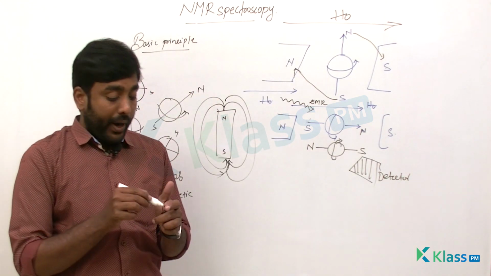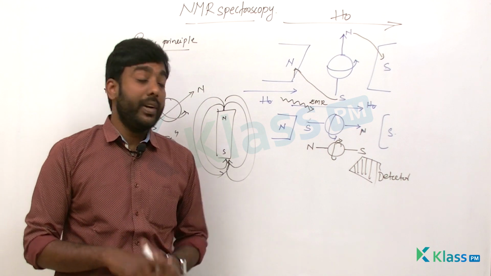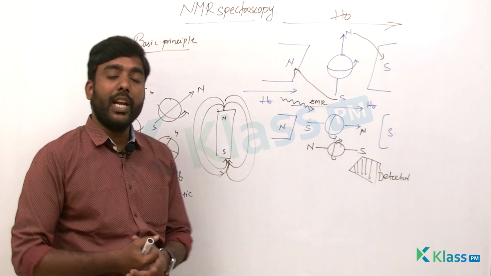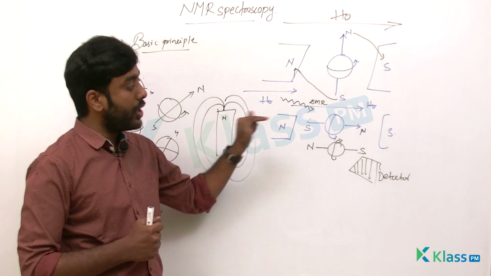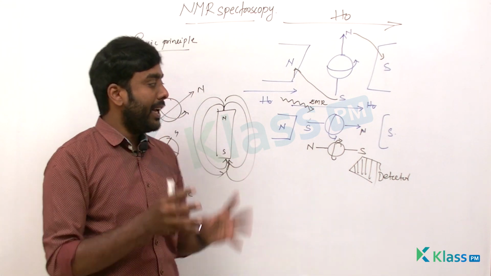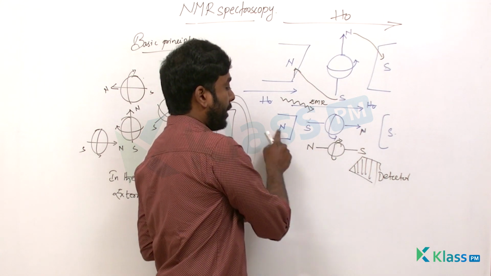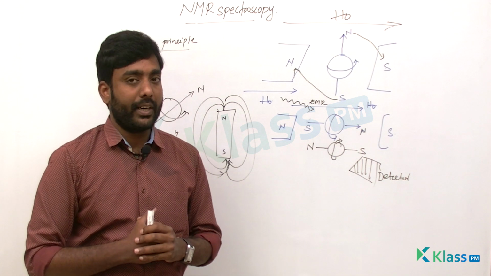When the frequency of the changing magnetic field of the nucleus matches with the frequency of the electromagnetic radiation incident on the nucleus, which is in the presence of the external magnetic field, then the nucleus will flip by absorbing that electromagnetic radiation.